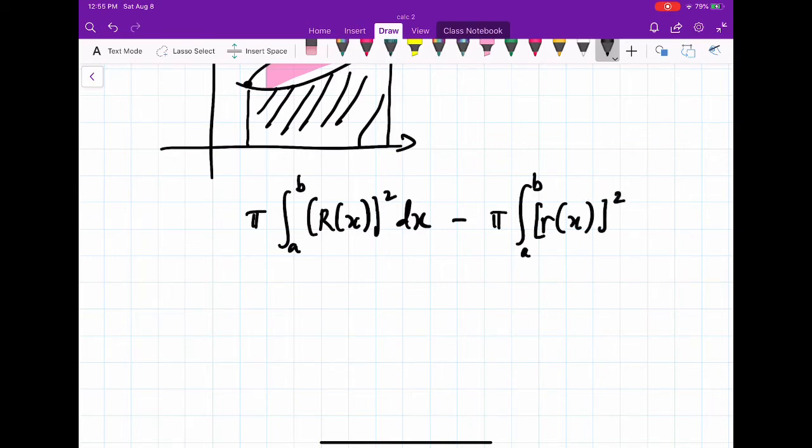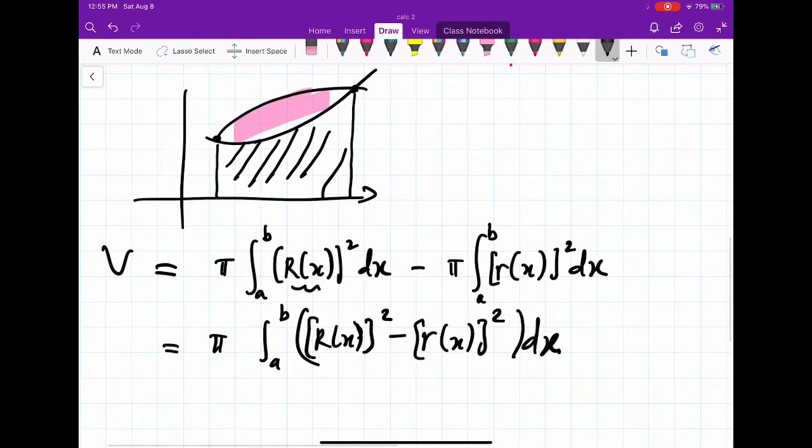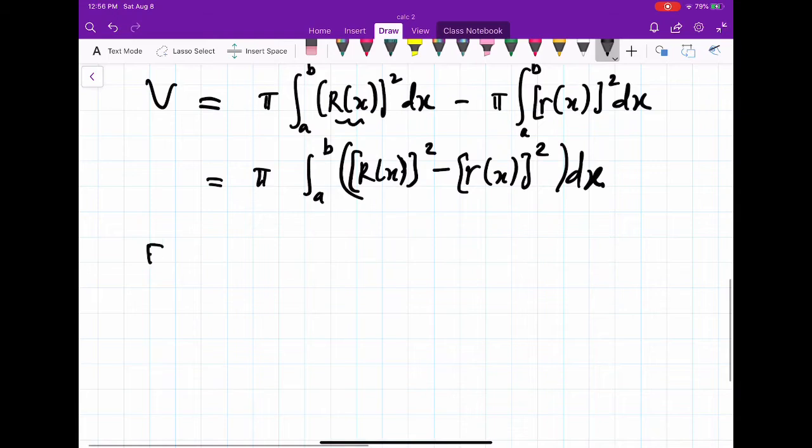Small r means the function which is smaller than capital R, dx. Then the volume should look like this. Sometimes you write R(x) squared minus r(x) squared and dx. If you compare this formula with the area formula, the area is equal to the integral from a to b of f(x) minus g(x). So you would think, yes, that is a very simple analog. Let's consider the following example and see how that works.